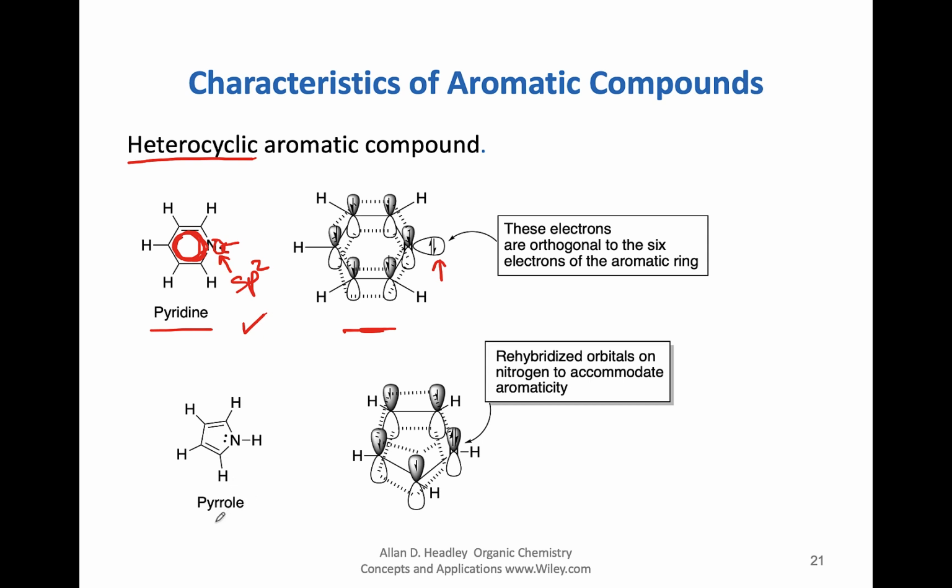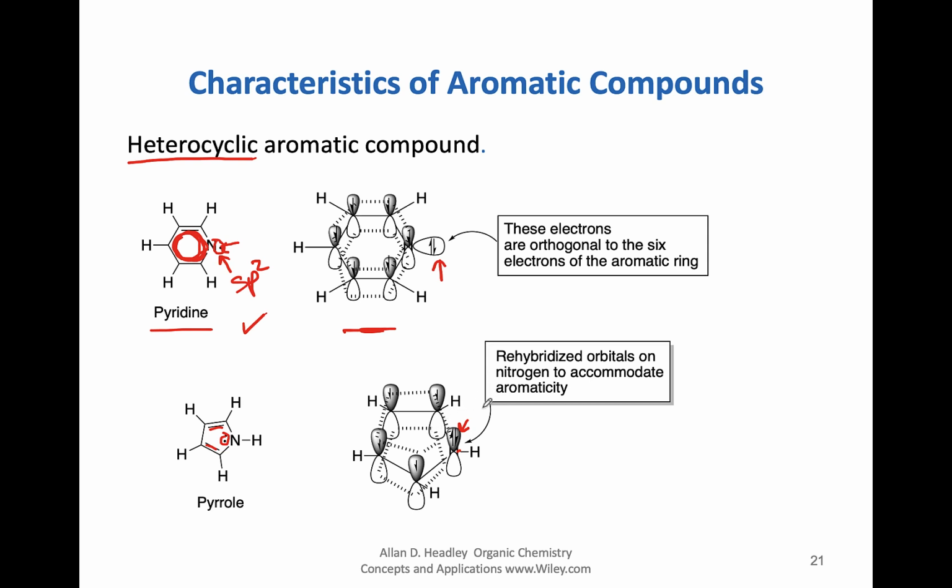We looked at this one earlier. This is 2, 4, and 6. We have seen that this nitrogen is sp3 hybridized, but because it can get all 6 electrons to be in conjugation in that ring, this nitrogen is rehybridized to be sp2, putting these 2 electrons in that p orbital, so we can have complete conjugation.